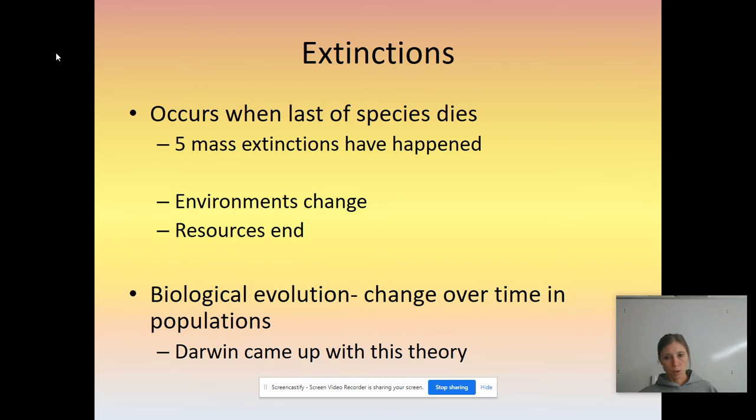This wasn't just a one day occurrence. I think movies have made us think that the asteroid hit and boom, all the dinosaurs were gone. No, the asteroid hit, yes, some died, but over time those dinosaurs had nothing to eat, which eventually killed them because their environment changed too much, their resources ended, and they could no longer be successful.